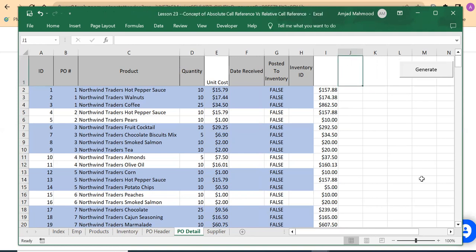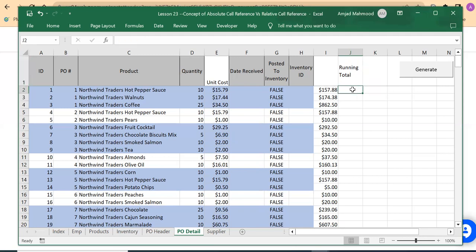So this is a running total. If we press Alt+Enter, it will wrap down, a line feed, and insert the text running total.